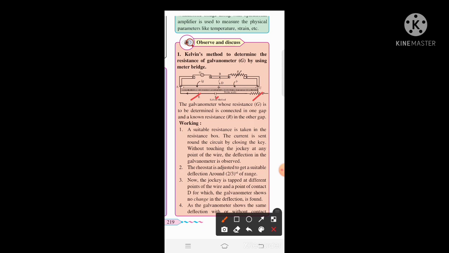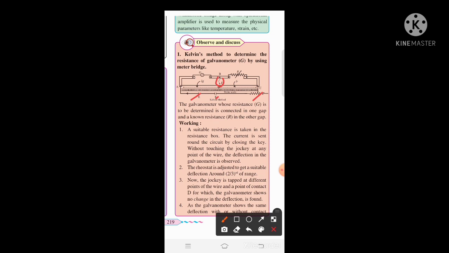And a jockey is connected directly on the central metal strip B, which is used for obtaining the balancing point D, and can slide along wire AC to find the balancing point.